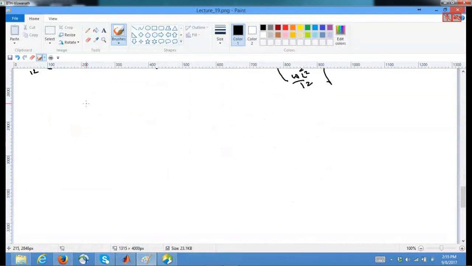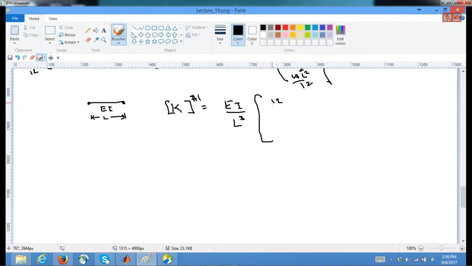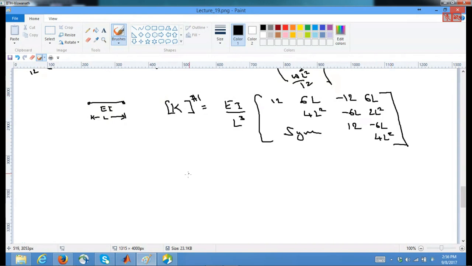So for the one element with EI and L, we know the stiffness matrix is given by this.